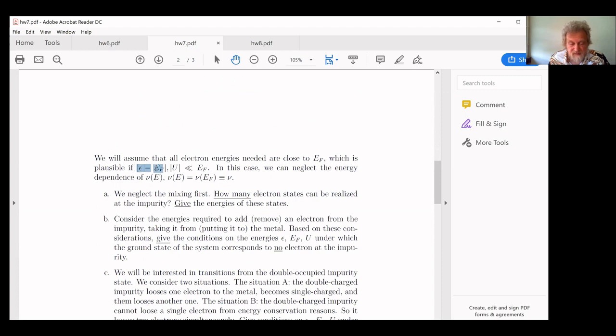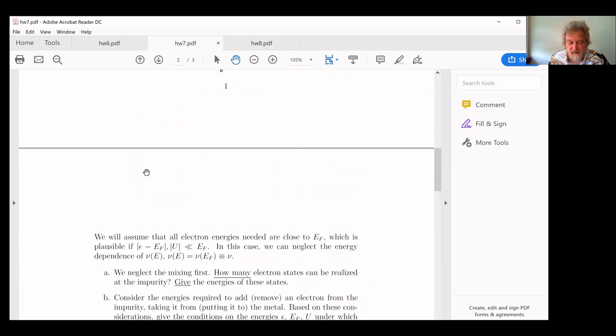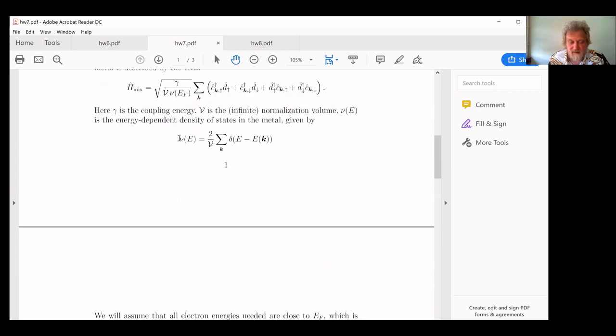We also assume that all energy differences involved are much smaller than Fermi energy. So in this case, we can neglect the energy dependence of density of states. We can assume it's constant, and then there's a very nice cancellation of this density of states.